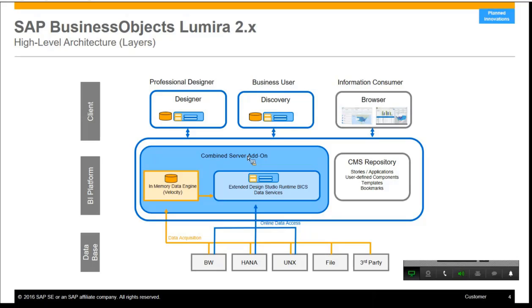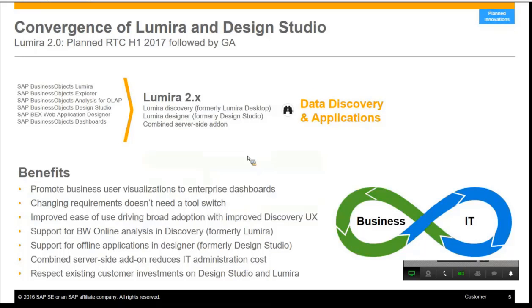So this is how, using one combined runtime, we are planning to extend the strength of each of the products we have individually today to two different experiences on 2.x. Additionally, we would also be delivering one add-on on the BI platform for both Discovery and Designer, unlike today, where you have to install, update, and manage two add-ons for both Lumira and Design Studio. With this, we do plan to reduce the total cost of ownership for maintaining the solution.